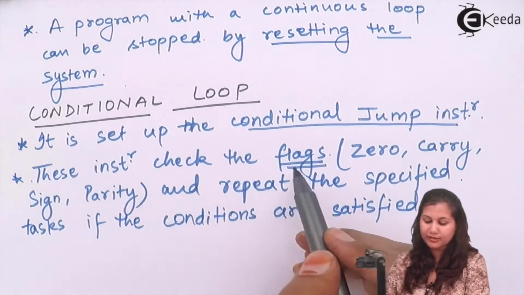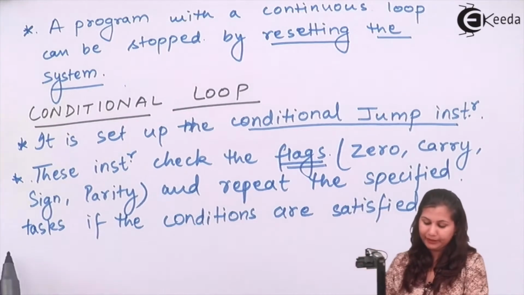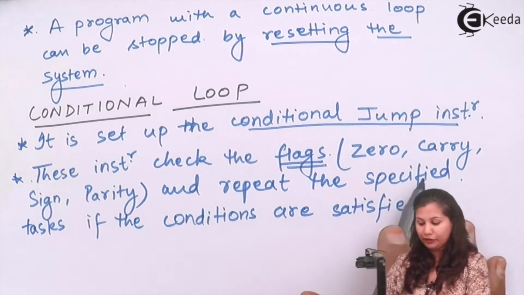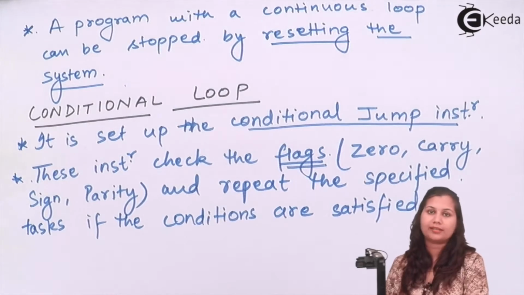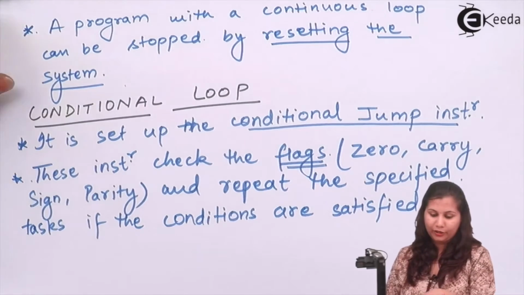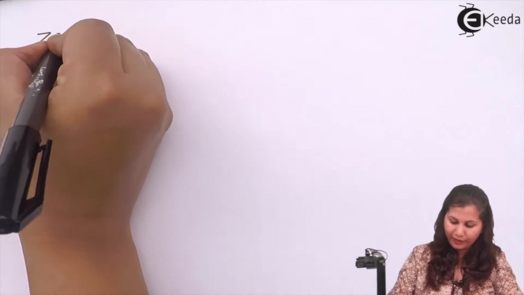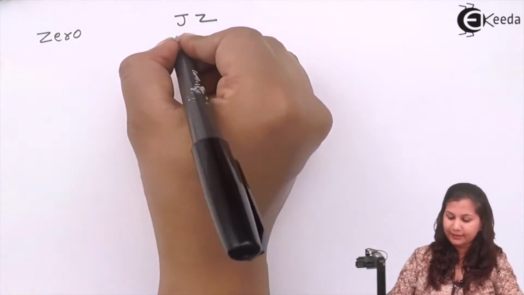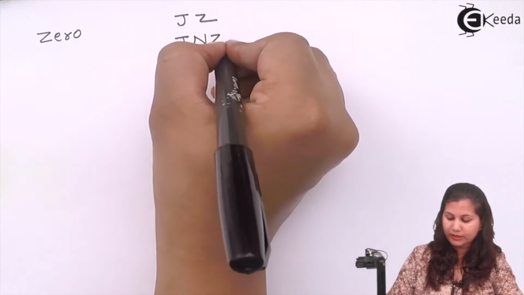So these instructions check the flags and repeat the specified task if the conditions are satisfied. It will not repeat the task if conditions are not satisfied. Now for every flag we have a conditional jump instruction. For the zero flag, we have jump on zero, JZ. Then we have jump on no zero.